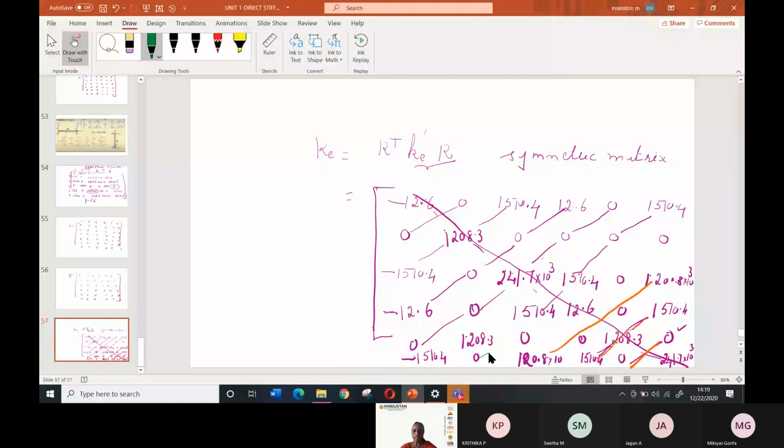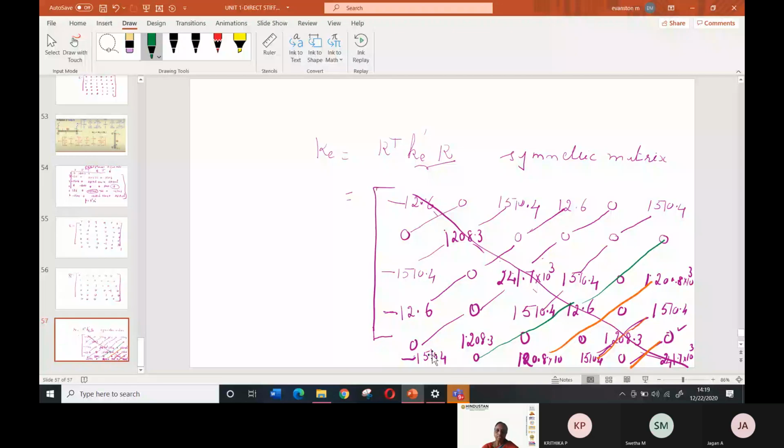So only on the diagonal you are having a value, the other two values are 0. So that is symmetrical. When you take this one, there is one sign change here. Can you check it? This value same, this value. So there is one more error here. Can you check it here? This value.